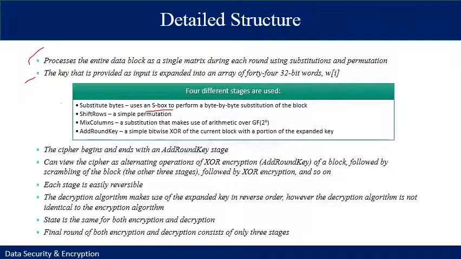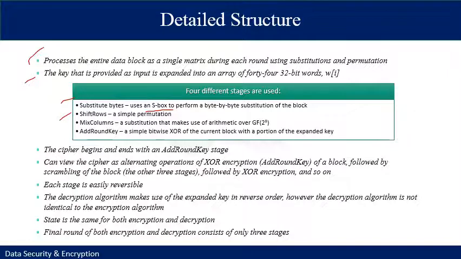Then you perform the shift rows using a simple permutation of the rows, and you perform the left shift or the right shift operation to change the rows to achieve the permutation.